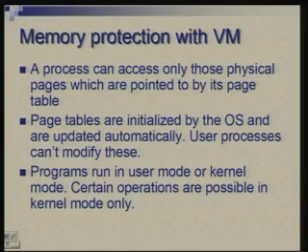And the user program has no direct control over the page table. Page tables get initialized by the operating system and they get updated automatically as pages are brought in or swapped out. Updating of the page table takes place automatically. User processes do not have explicit access to that, and therefore, the protection gets maintained.